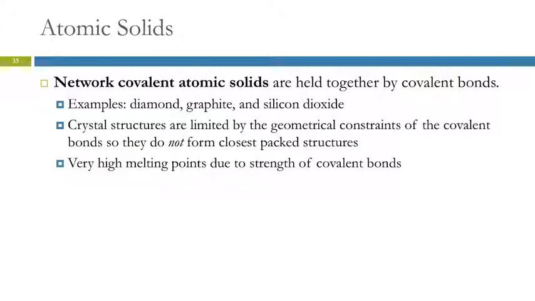Carbon likes to form 4 bonds with other carbon atoms, and so any form of carbon is likely to be a network covalent atomic solid. Any of the other ones, I would expect you to just look, is it an atom, is it a molecule, and say molecular or atomic based on that. Any questions?